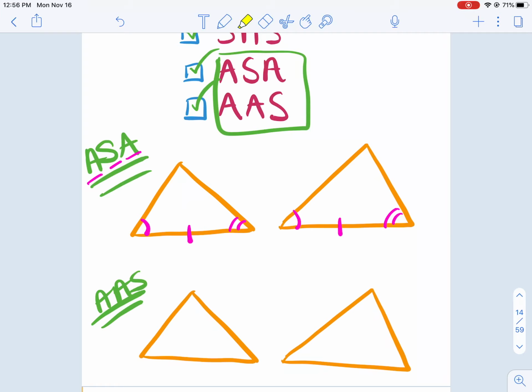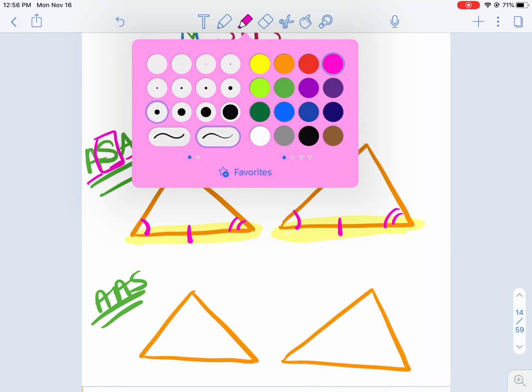And let me just show you how I like to use this. A highlighter is always a great strategy or tool, especially in geometry. I'm going to highlight our included side. Now, what do I mean by that word included? If you look here, the S is in between or included. The included side touches not just one of the congruent angles, but both.